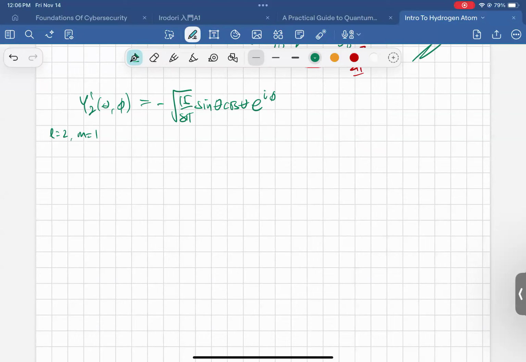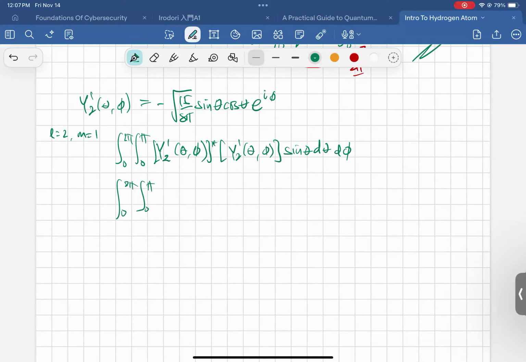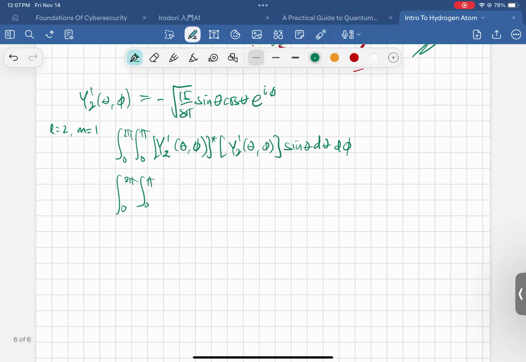So, gamit yung orthonormalization condition, we have Y 2, 1, theta, phi, and remember, this is asterisk, we take the complex conjugate, times Y 2, 1, theta, phi, and then sine theta d theta d phi, from 0 to 2 pi, 0 to pi. Negative times negative is positive, and yung square root mawawala, so ilalabas na natin 15 over 8 pi.